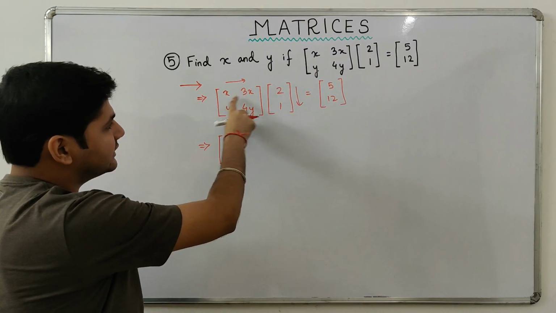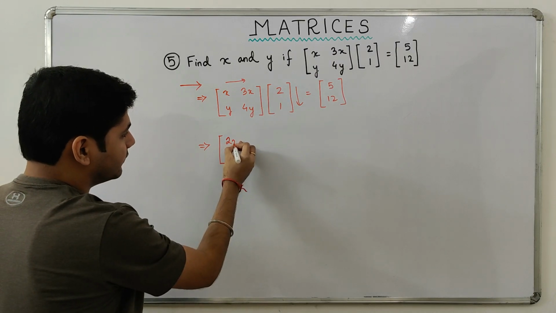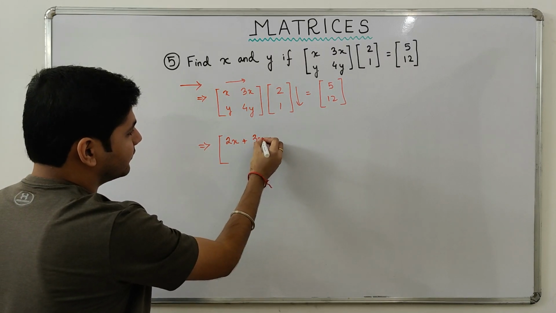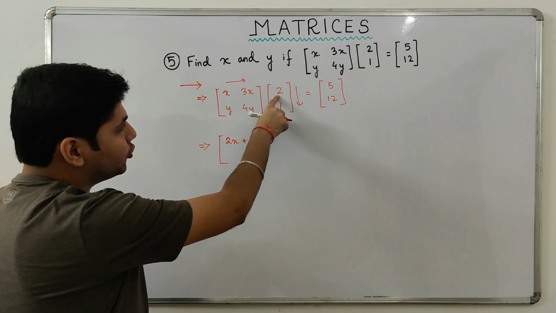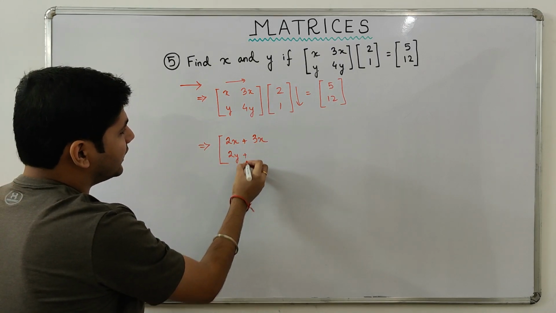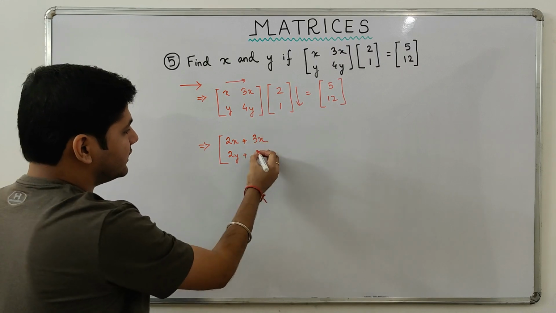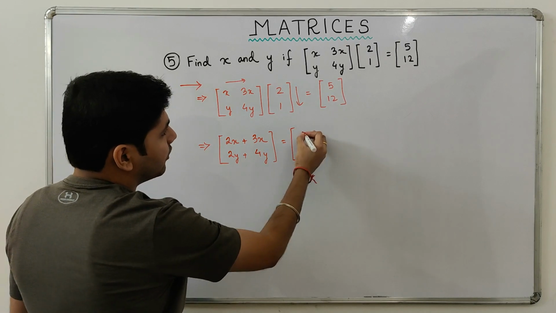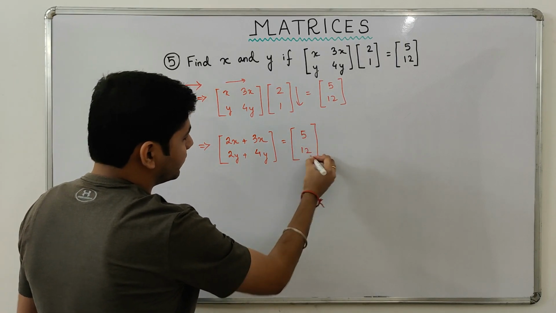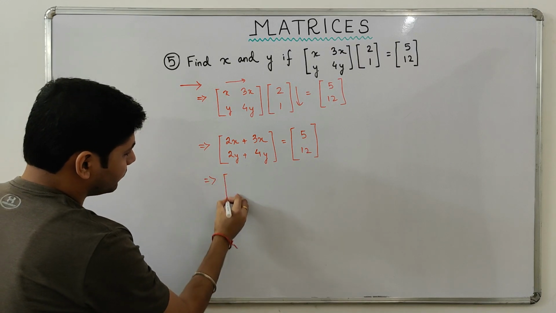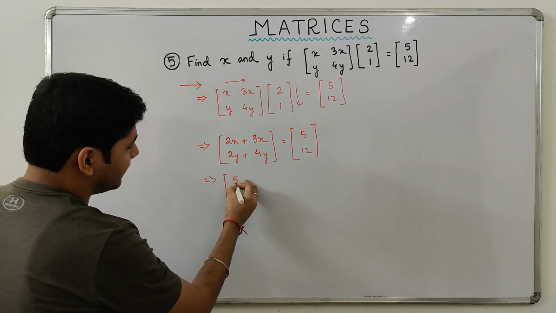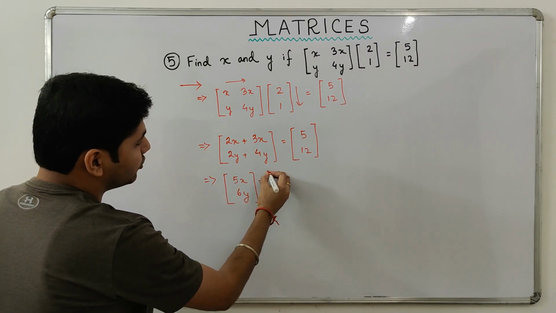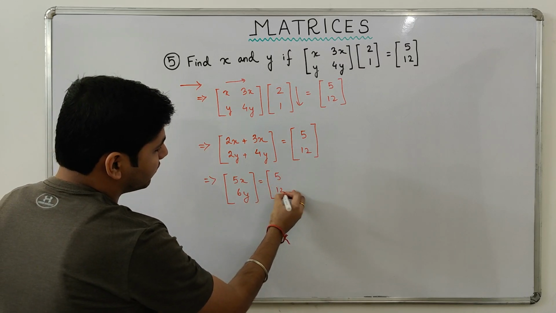So x into 2, that's 2x, plus 3x into 1, that's 3x, then y into 2, that's 2y, plus 4y into 1, that's 4y. This is equal to 5, 12. Therefore 2x plus 3x, that's 5x, 2y plus 4y, that's 6y, is equal to 5, 12.